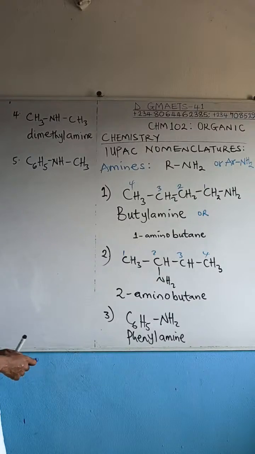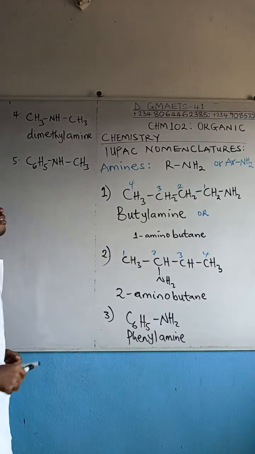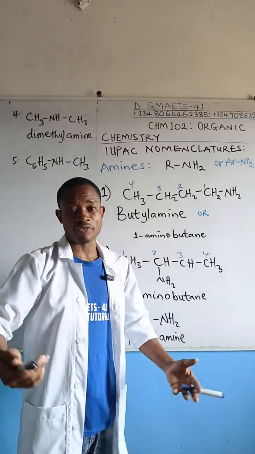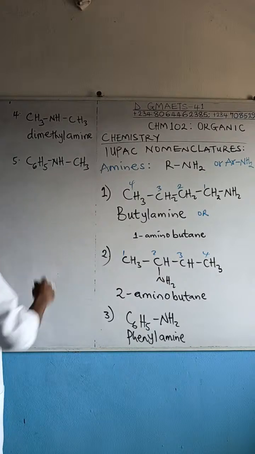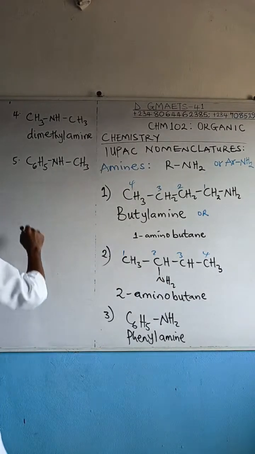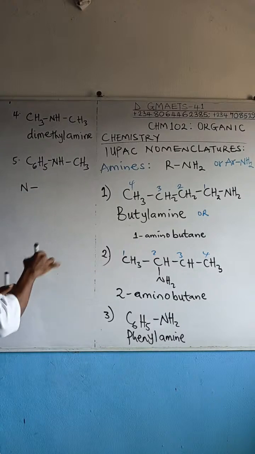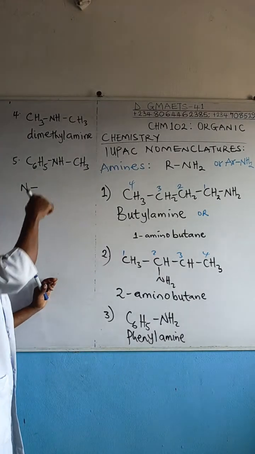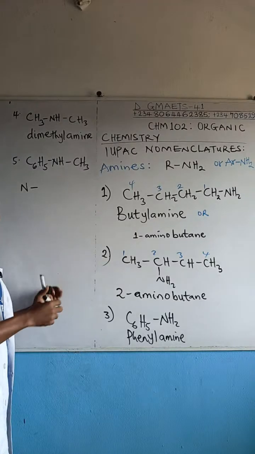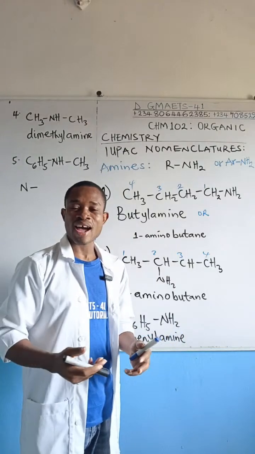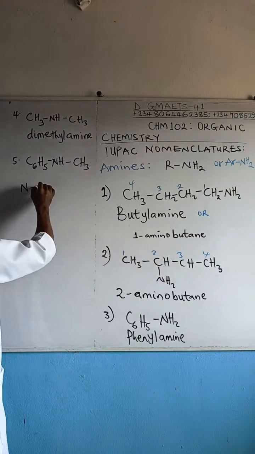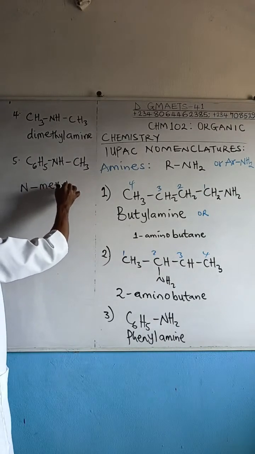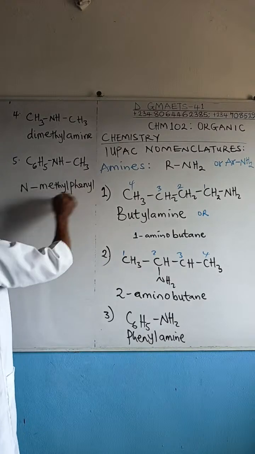Are we together? So, you look at this: this is phenyl, this is methyl. Phenyl, the spelling starts with P. So, of course, you have to follow alphabetization to name this. Methyl comes before phenyl, M before P. So this becomes N. You now have to indicate that on the nitrogen atom there is a substituent. One of the hydrogens has been replaced with something, either an alkyl or an aryl. Are you following right? So it becomes N-methylphenylamine.